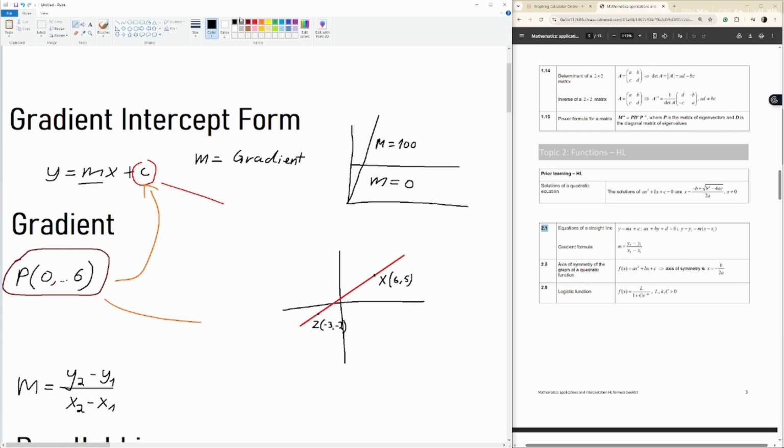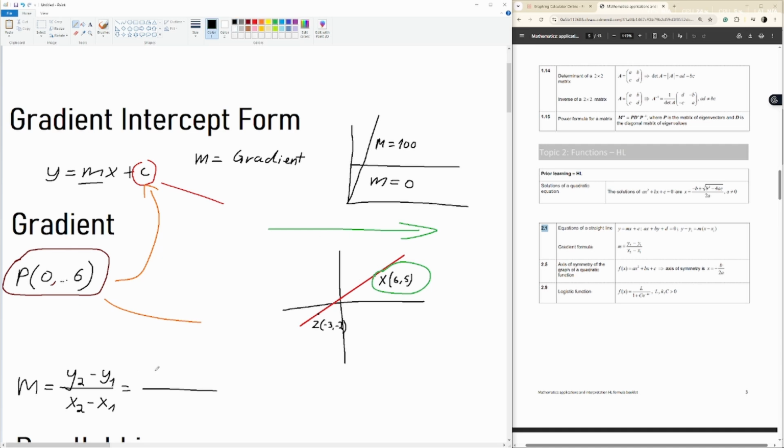Then you can always find the gradient, and you can just use the formula to do this. I always like to use y2 as the point that's given more on the right, as you also read from the left to the right.